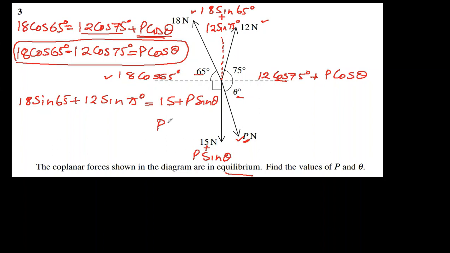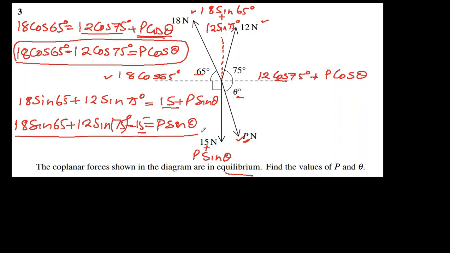Again, let's leave P sine theta here, and every other force including 15 will be on the left side. So it will become 18 sine 65 plus 12 sine 75 degrees minus 15. And 75 degrees is there. Do not confuse 15 as an angle. 15 is a force in itself. So this becomes the second equation.